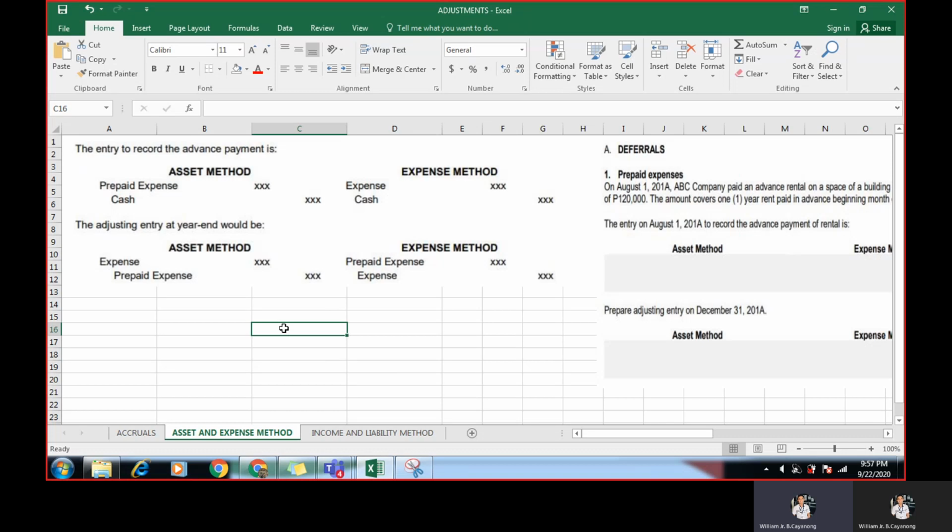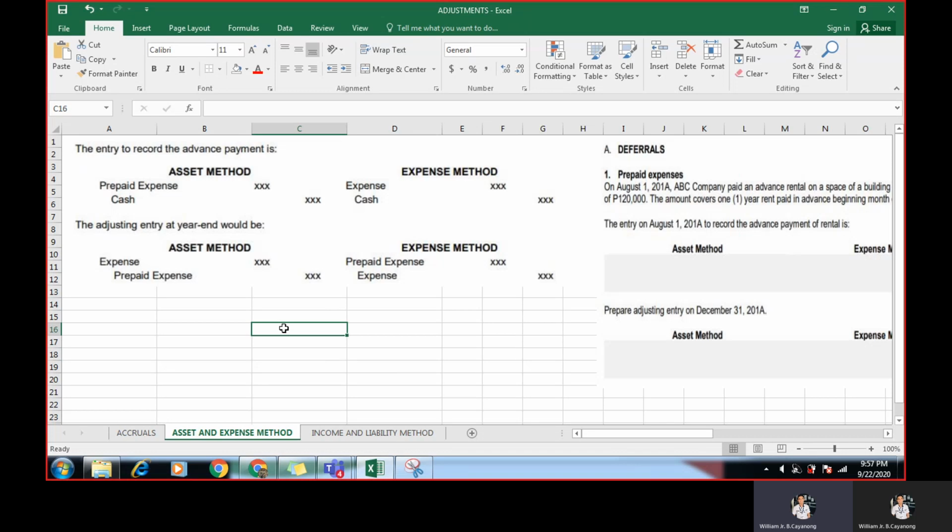Upon adjustment, an expense account is debited with a corresponding credit to an asset account. Thus, it recognizes the expense and decreases the previously recorded asset for the used portion.